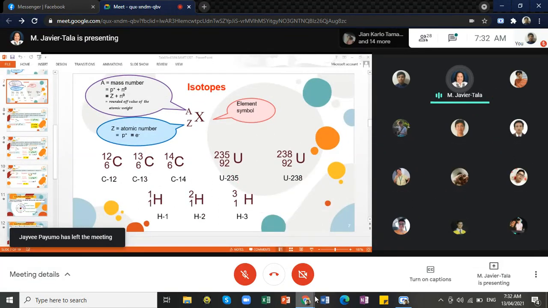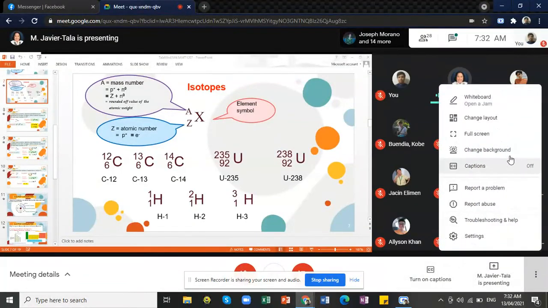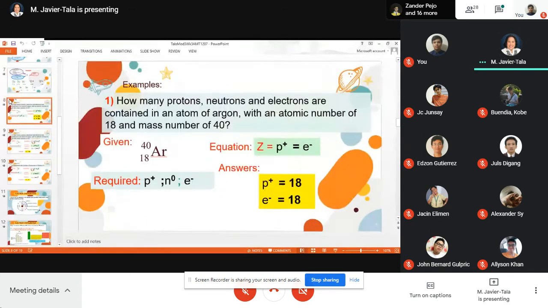The same for uranium 235 and 238, and for hydrogen. Why do we write the mass number and atomic number? Because we will use them in solving for the number of subatomic particles, as we will do now. Okay?